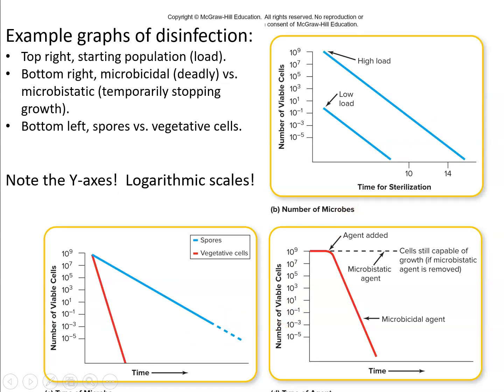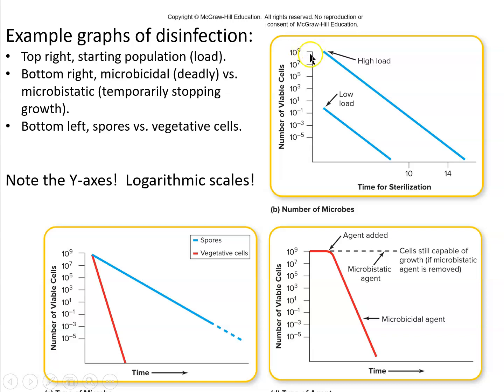So these are graphs from your textbook that illustrate these topics. So this shows the effect of the population size, the starting population, or the load of bacteria. This is a logarithmic scale, and this is a linear scale of time.